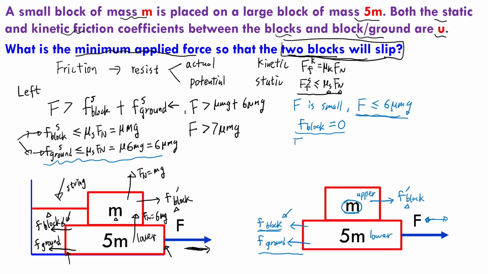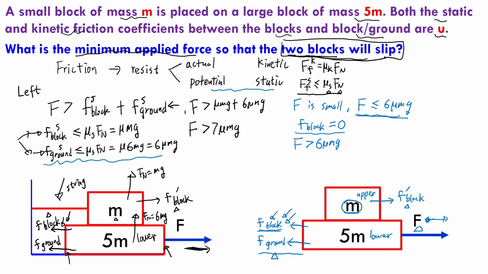Now, what if F is larger than 6 mu mg? In this case, the applied force overcomes the friction force from the ground. Then the friction force from the upper block will kick in. And this friction force from the block wants to resist this potential relative motion.